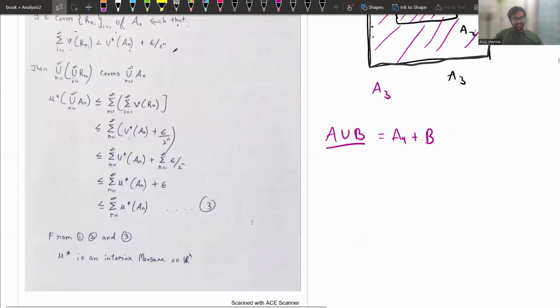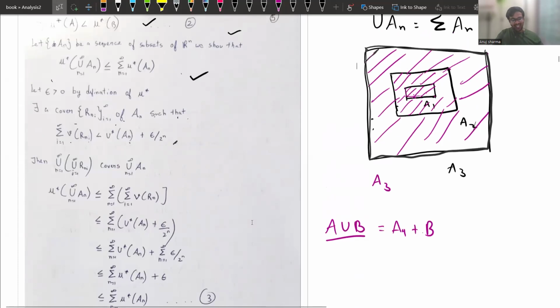Then, if that's the case, you take the union of each cover. What does this mean? If you take each cover on each rectangle and take the union of that, it will cover all the An.